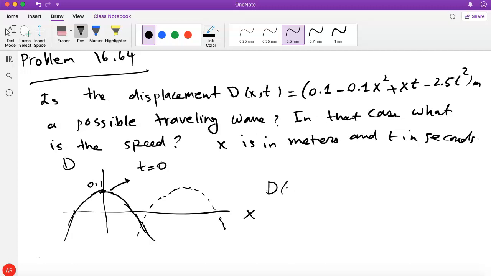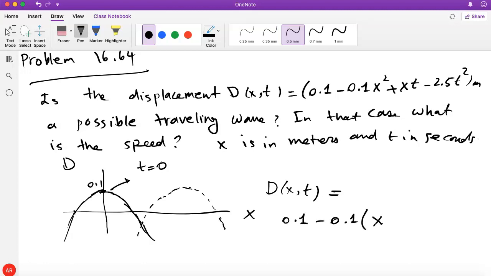So let me write d of x and t as 0.1, and kind of factor out that 0.1 here.